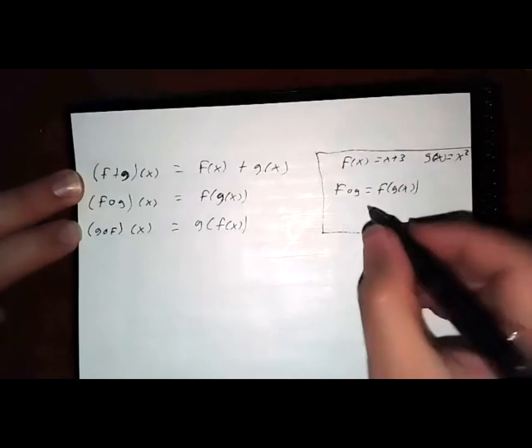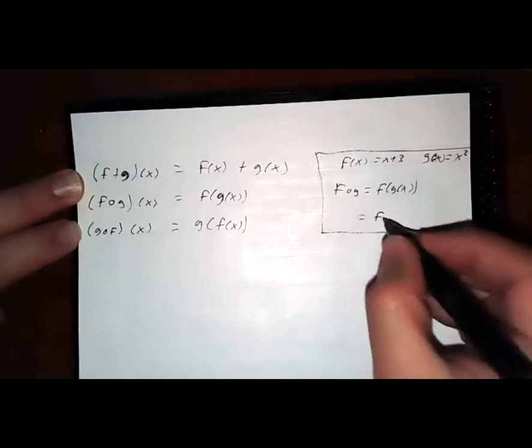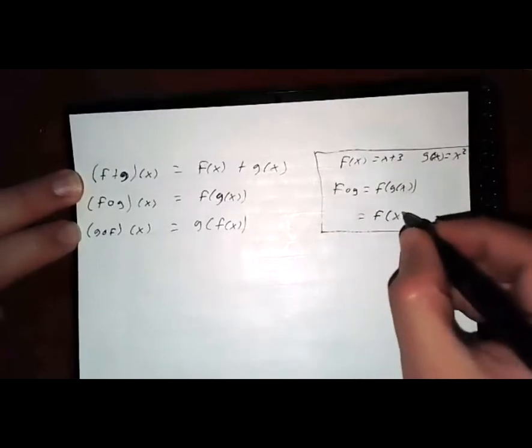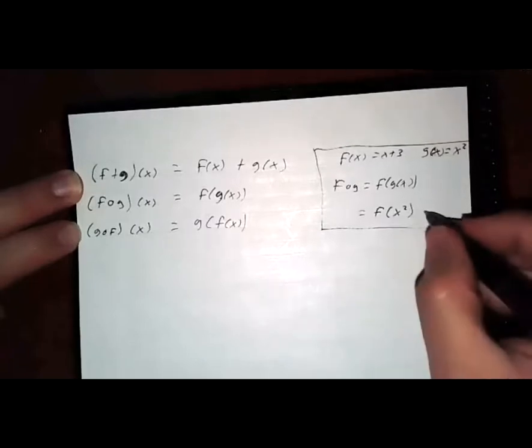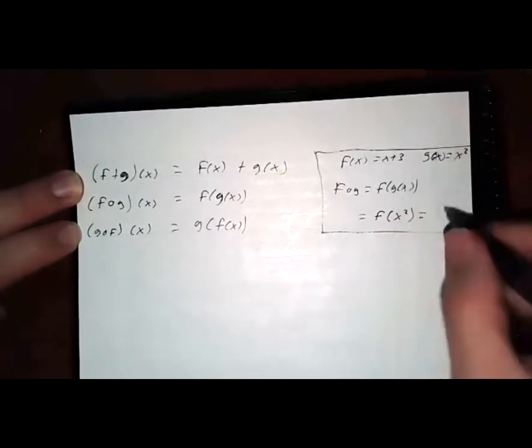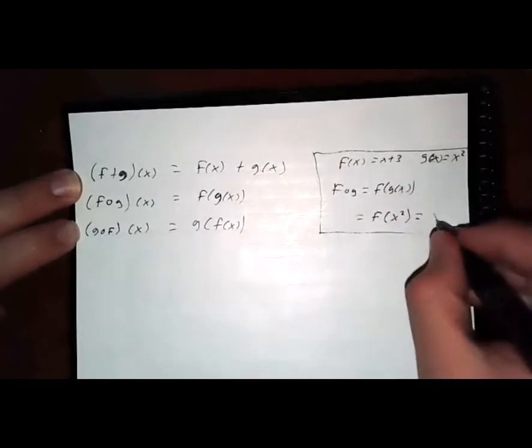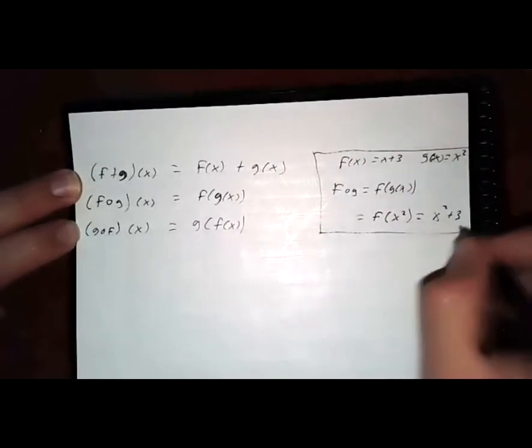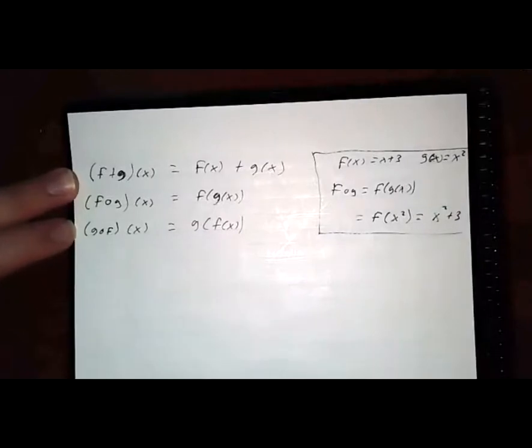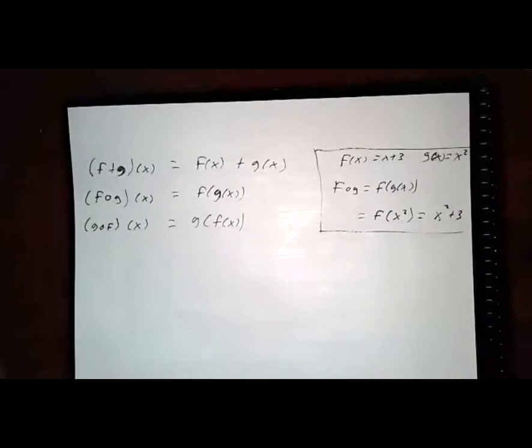F of g of x, which would actually be just f of x squared, which meant you put in an x squared wherever you have an x. So you would get x squared plus 3. That's how you would make them. Okay. Just a quick review from college algebra.